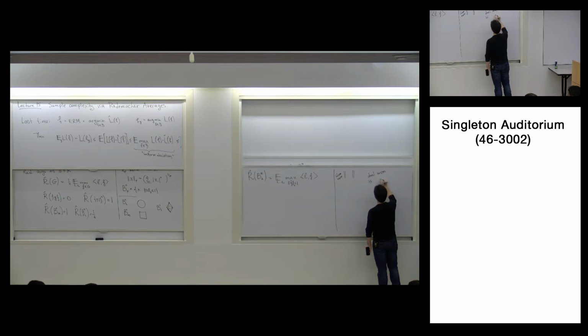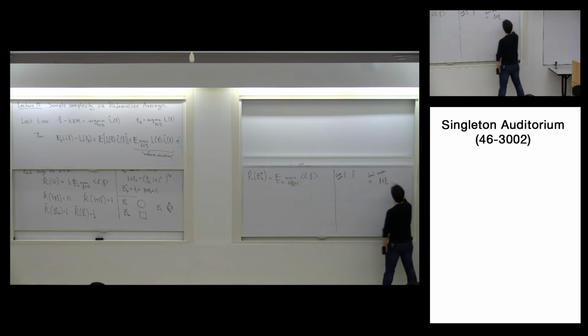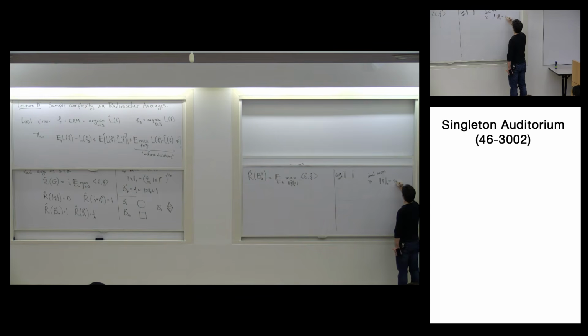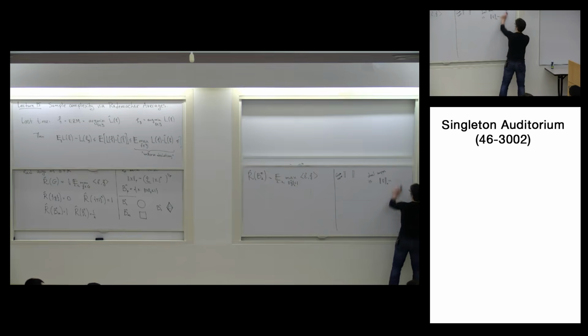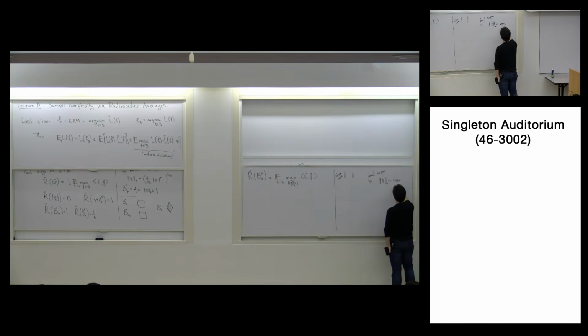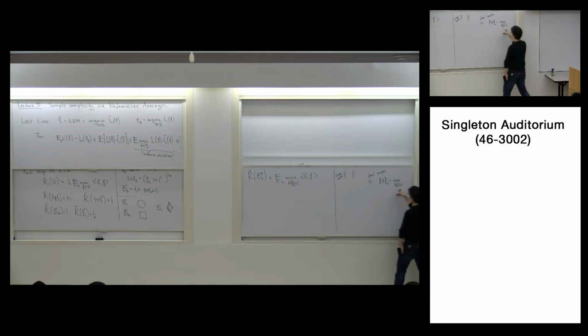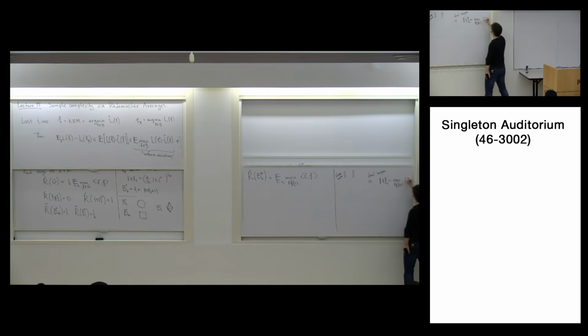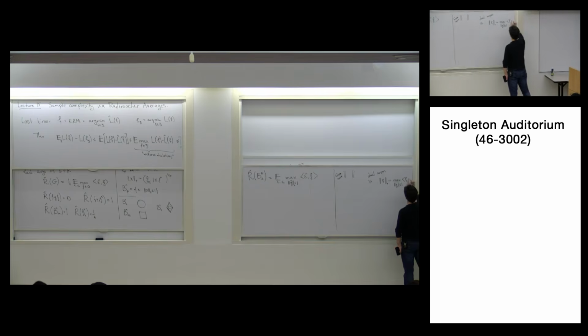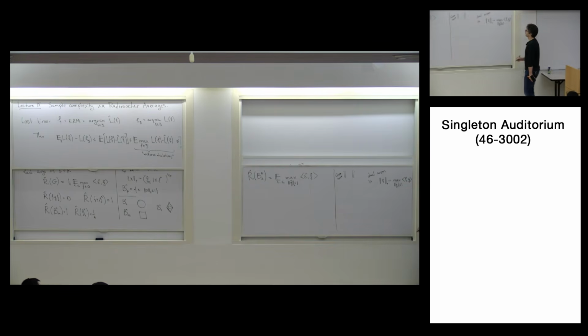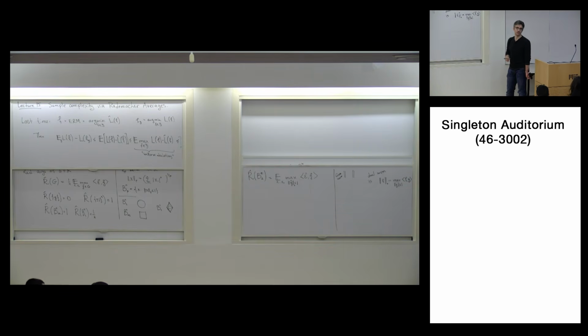The dual norm of a vector f is defined as a max over g of the primal norm bounded by 1 of fg, right? That's the usual duality between norms.